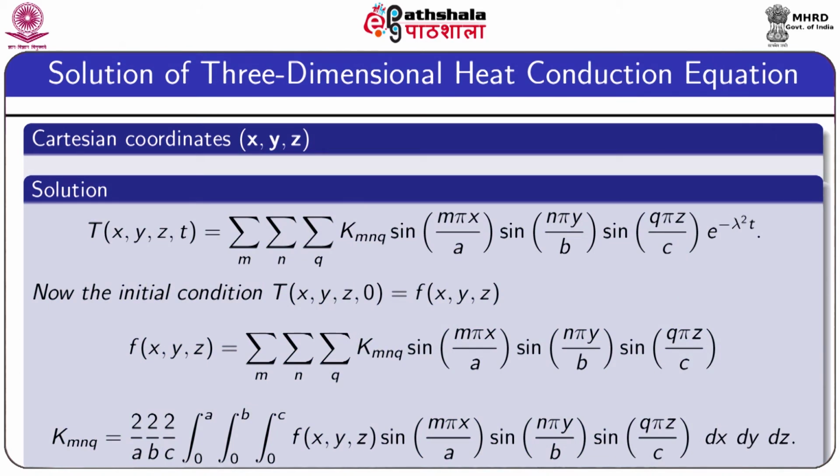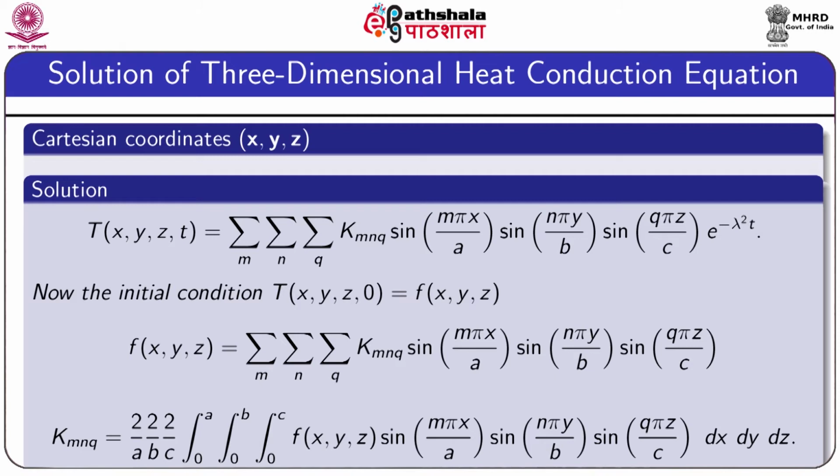Now we have one more condition, the initial condition for this problem, which we have not used. That condition is written here: capital T of x, y, z, 0 is equal to small f of x, y, z, where small f is some given function.